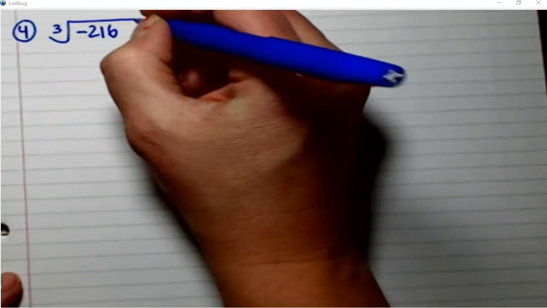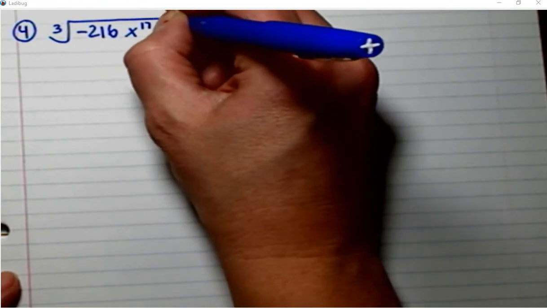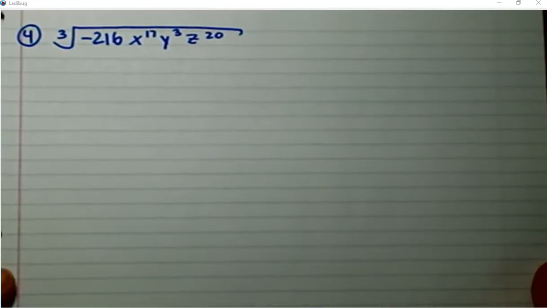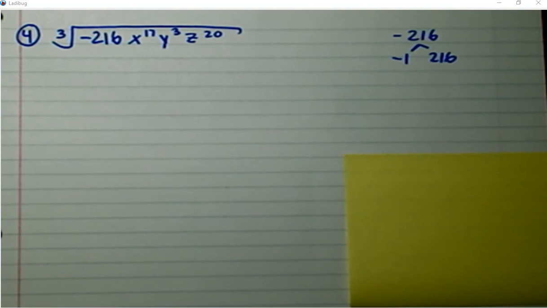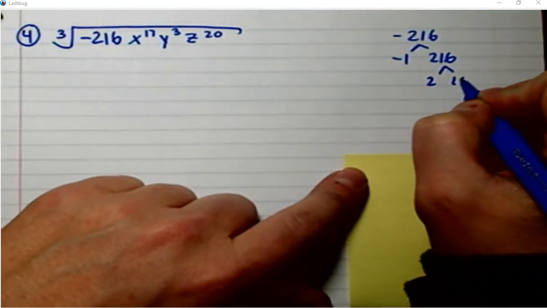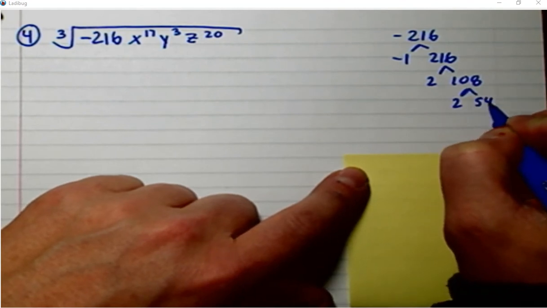All right, we'll do a cube root again. Negative 216, x to the 17, y cubed, z to the 20. Okay. You got it. Okay, so my 216, I'm just going to start dividing by 2 as many times as I can.